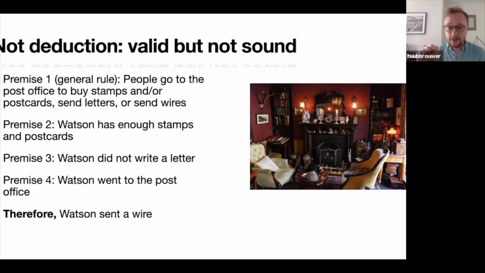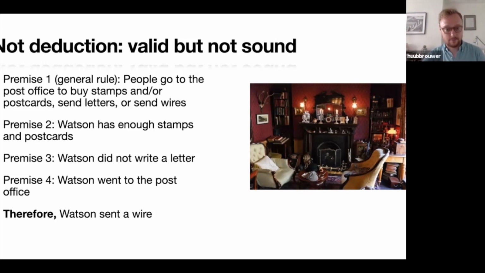The first premise, I think, would be a general rule. People go to the post office to buy stamps and/or postcards, send letters, or send wires. These are the only things that people do when they go to a post office.